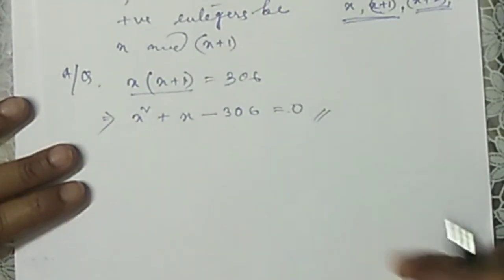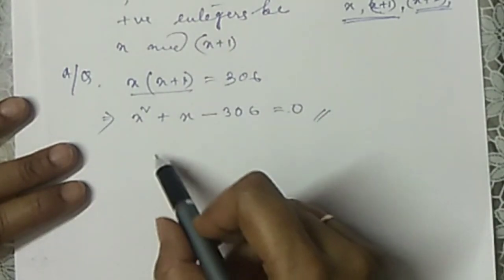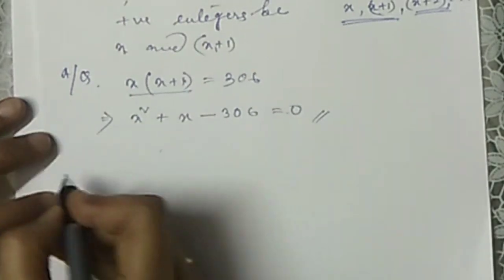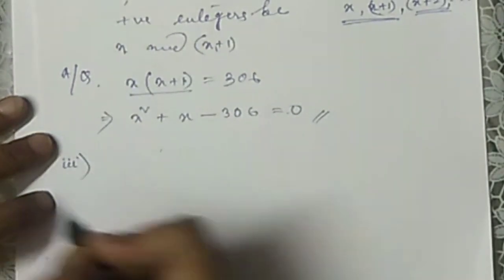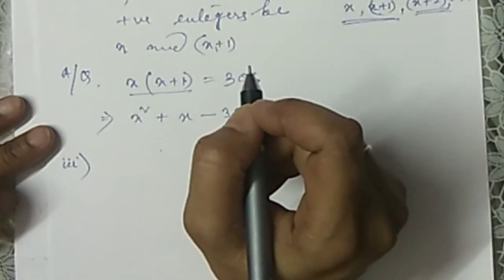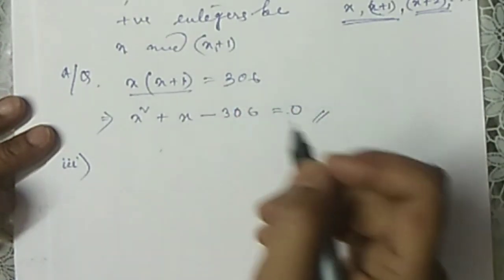Thus, we have formed the quadratic equation for solving these two integers. Thirdly, Ram's mother is 26 years older than him.